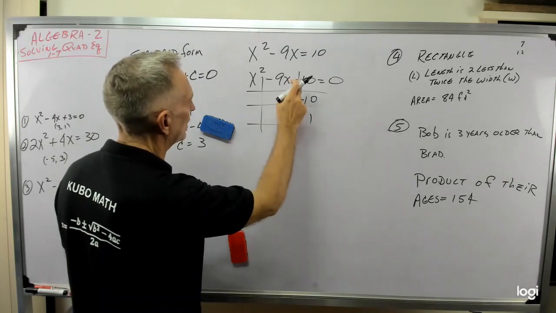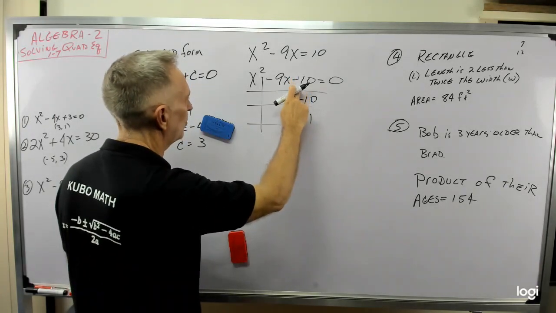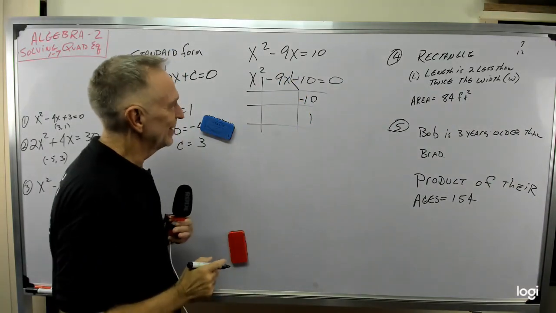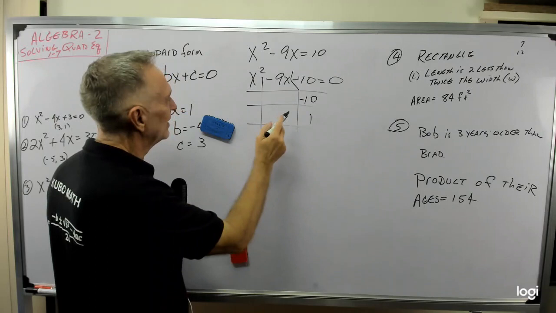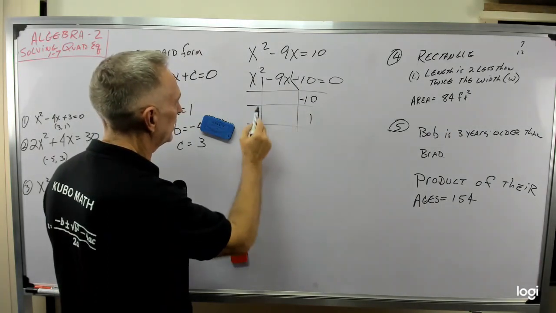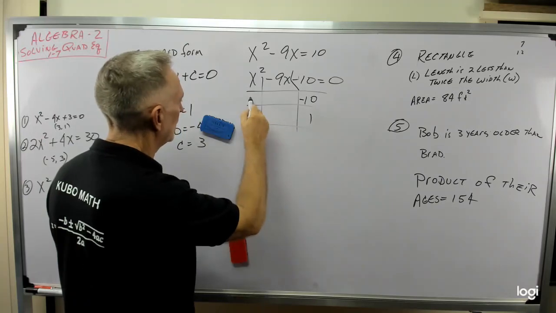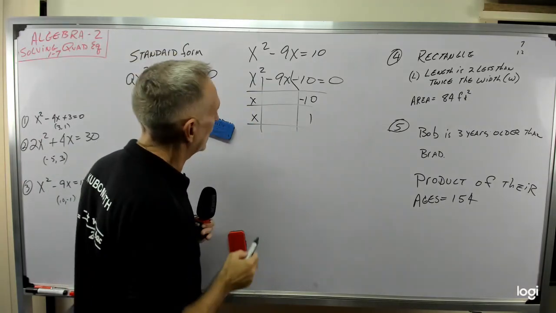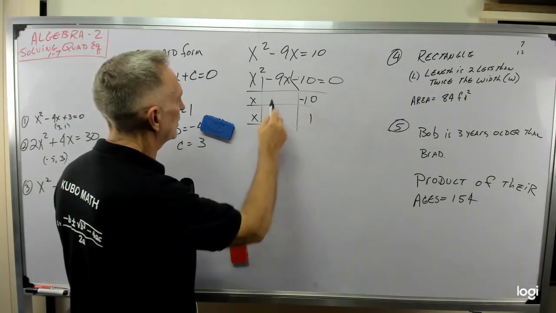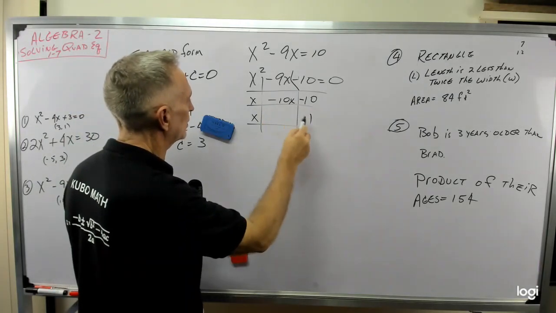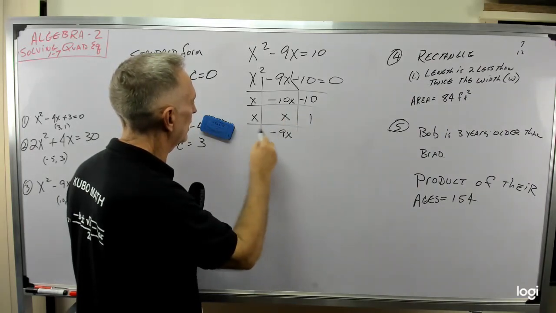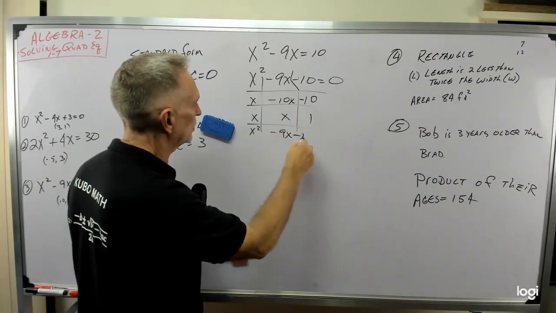Positive times negative gives me, well, I've got my goalpost on the wrong side here. Gives me a negative 10, which is what I need. Okay, and then adding them together gives me a negative 9. So x times x gives me x to the second power. And now, negative 10 times x, negative 10x, 1 times x is x, add those together, negative 9x, x squared minus 10.